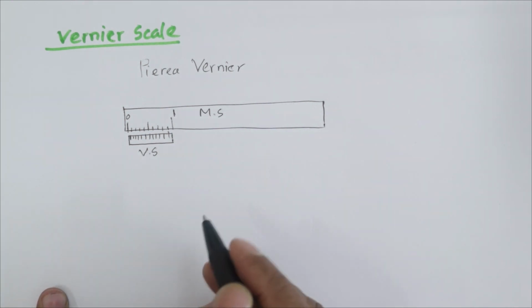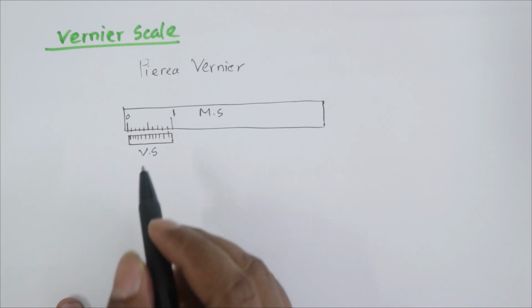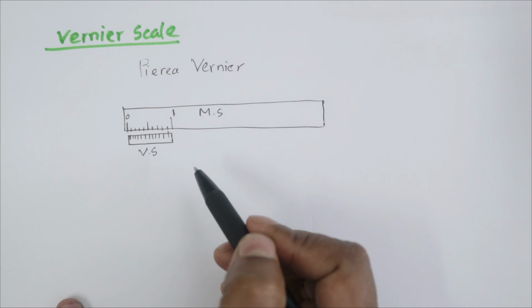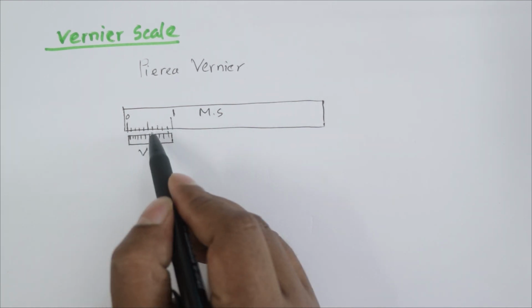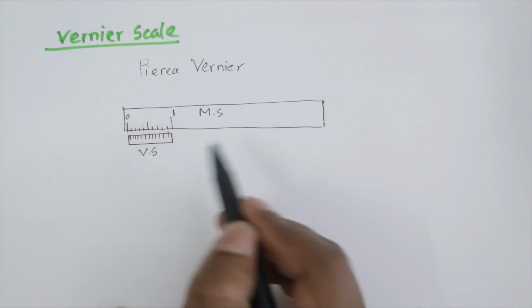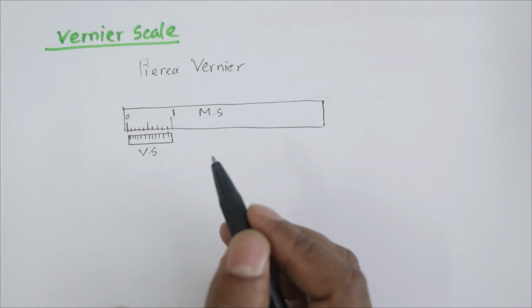A small scale is used by the side of the main scale for accurate measurement of fractions of the smallest division of the main scale.